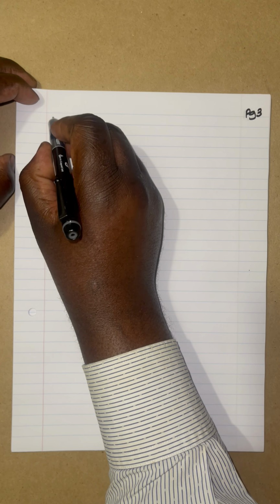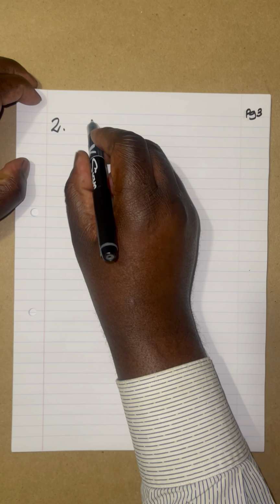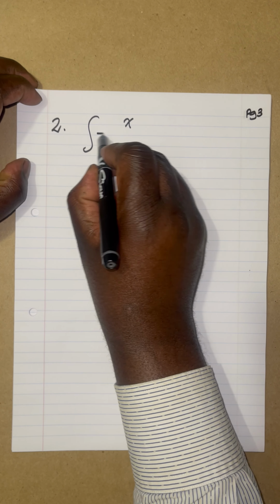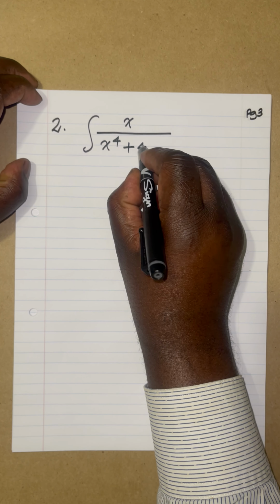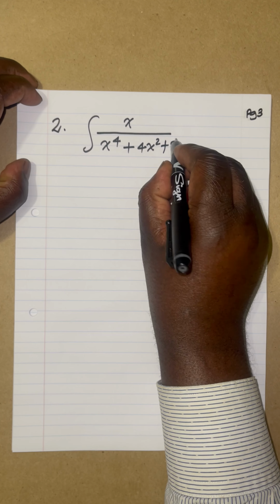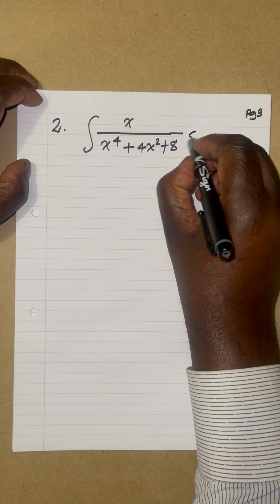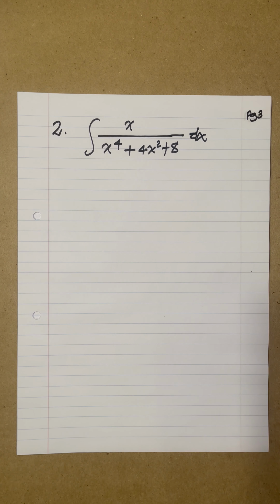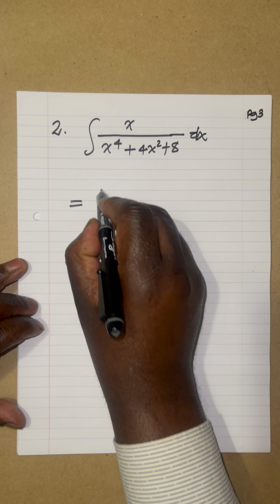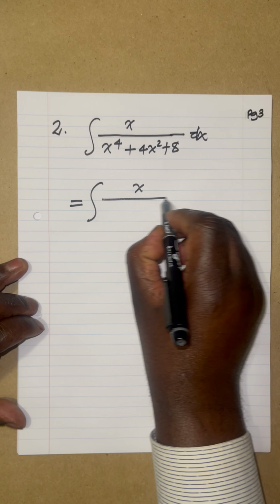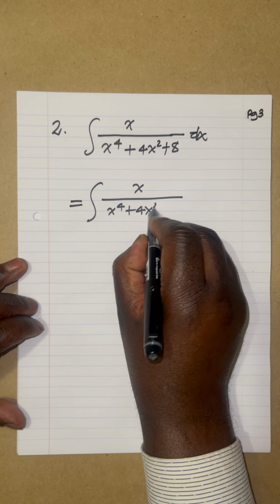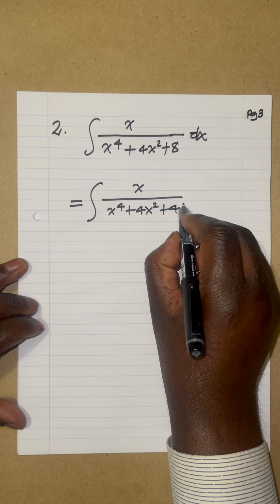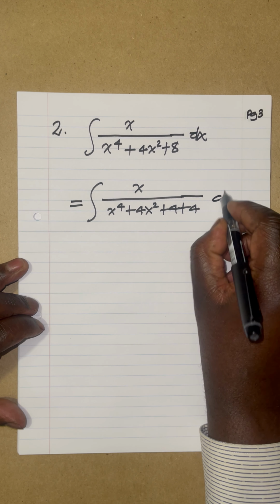So this is our second integral, the integral of x all over x to the power 4 plus 4x squared plus 8 dx. What we need to do now is to simply rewrite the denominator as follows: the integral of x all over x to the power 4 plus 4x squared plus 4, plus 4 dx.